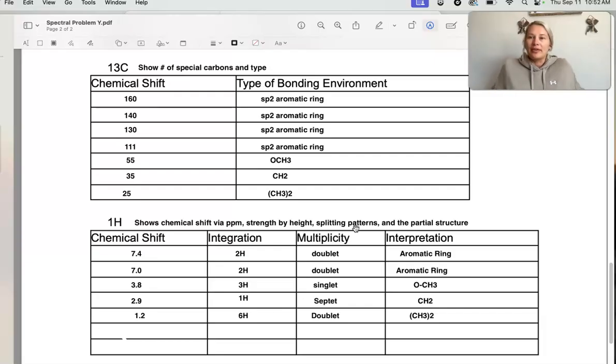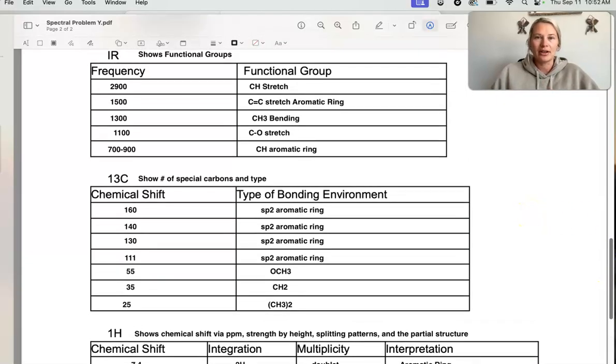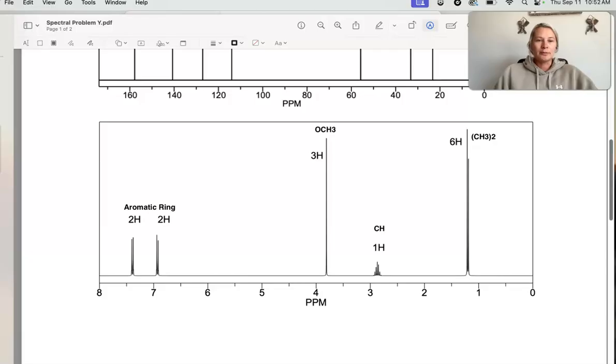That alone gives me most of what I need to know. Then I used the 13C NMR and the IR spectrum to verify what I found. So we're going to go up here and go over what we did find.